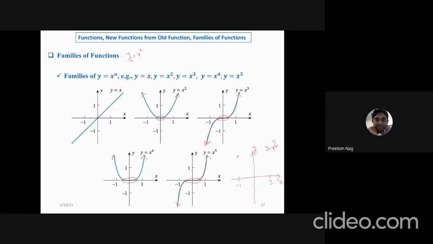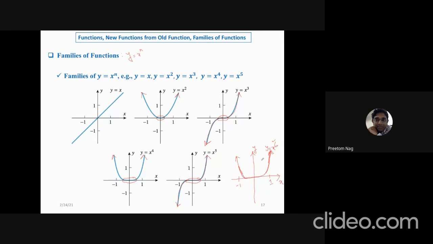In that case, the graph will be much flattened here, like that. Okay? So this will be a little more round, a little more curvy like that. So this will be the graph for y equal to x to the 7.